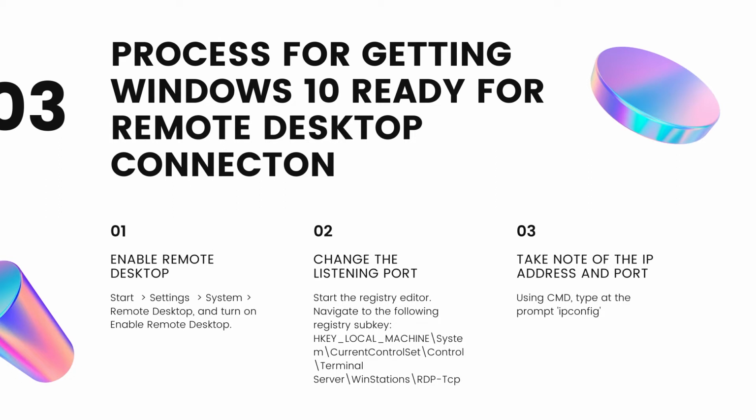And what I would have to do is go to Start, then type regedit, registry editor, and open that up. And then you have to look for the port number. So I know that was a lot there.